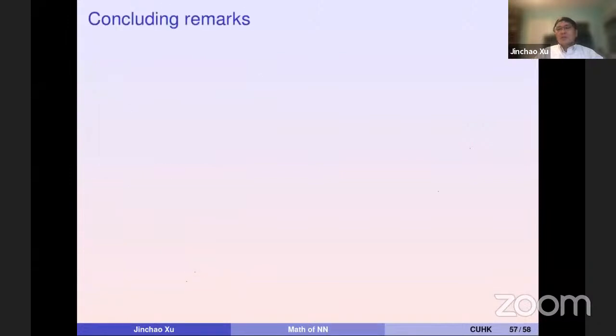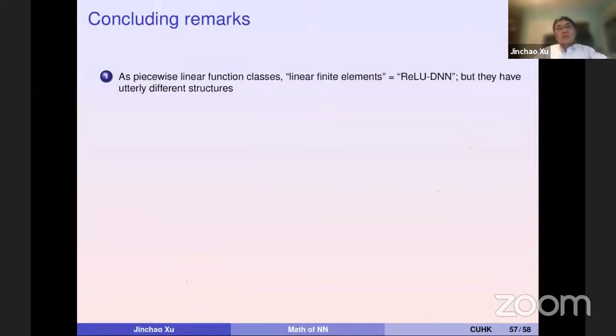I think my time is running out, and I want to make some conclusions. I mentioned in the earlier part of the lecture that when you use the ReLU activation function, the ReLU DNN is really the linear finite element method as a function, but they have utterly different structures.